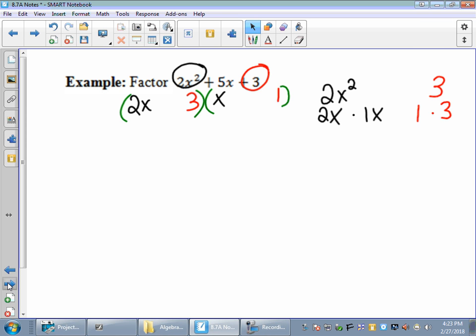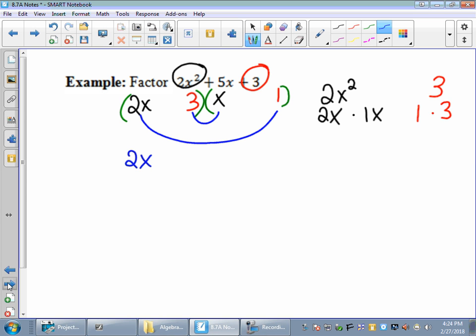Now, if I do my FOIL to check and see what it is, I did my guess, here's my check. I'm just going to check for that middle term, so I'm just going to do my outsides. 2x times 1 is a 2x. And just my insides. So I also know I have a 3x.